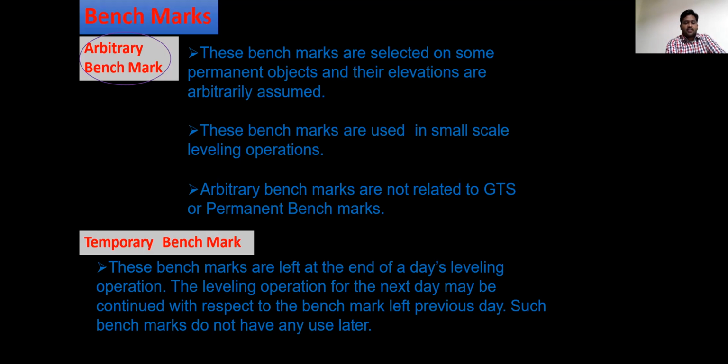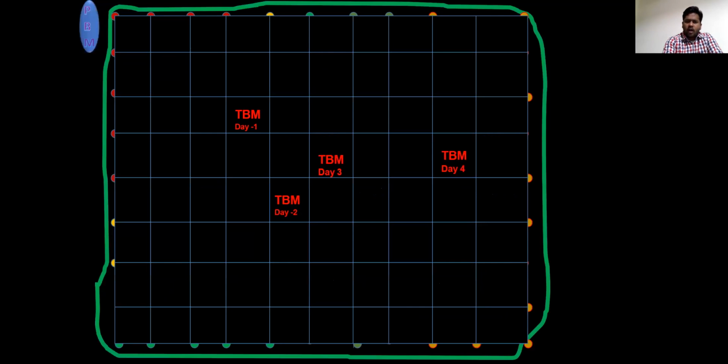Such benchmarks do not have any use later. We can't take them permanently. So all these benchmarks will be taken according to the type of work we are conducting. If you observe here, TBM, that is temporary benchmark, day 1. Temporary benchmark, day 2.